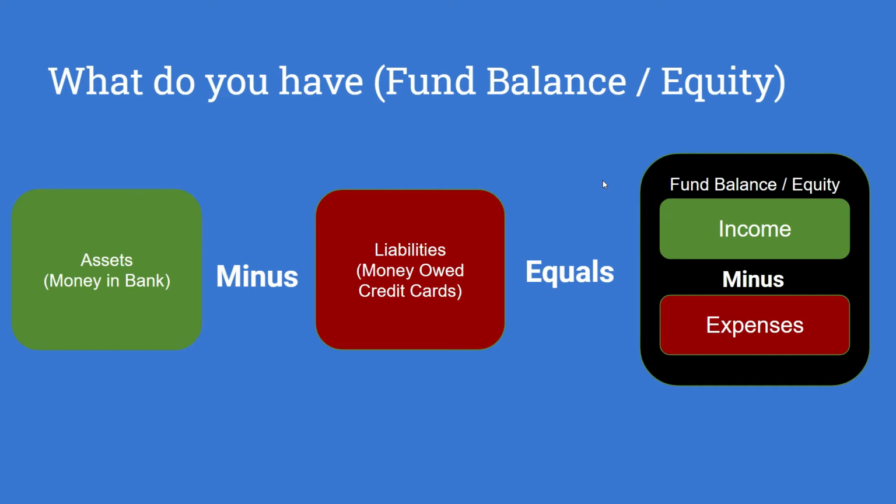So in accounting, it can get a little more complicated than this because you might have assets like buildings and other stuff like that. But when it comes down to just money, pretty much any money you have in your bank account or your assets in general, which can be other things, minus any money that you owe people, whether it's your credit card or a loan, is how much the organization is worth.